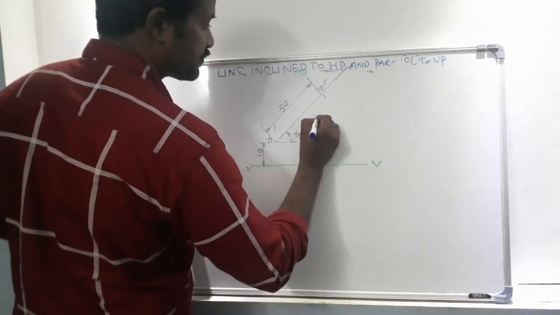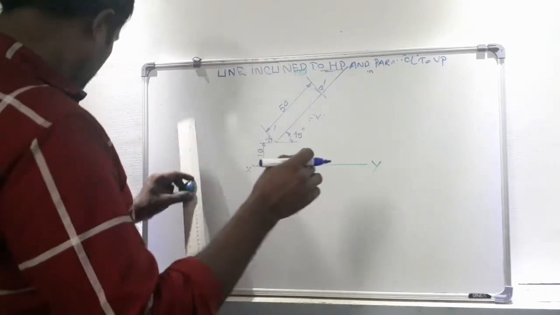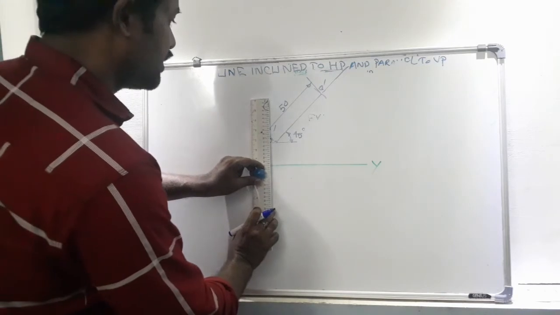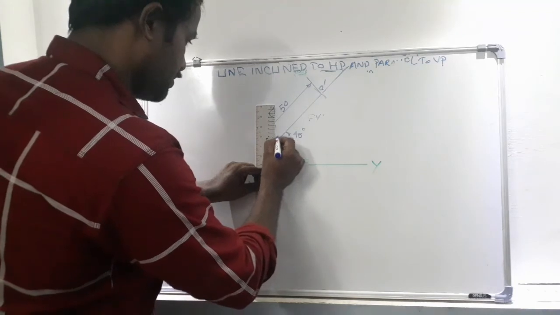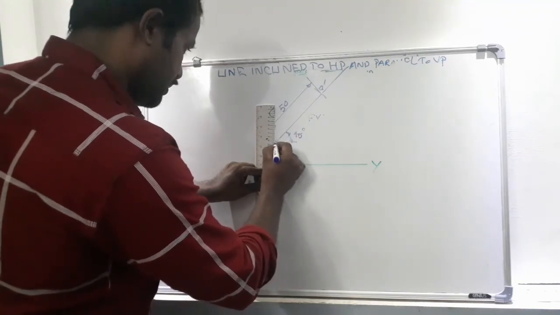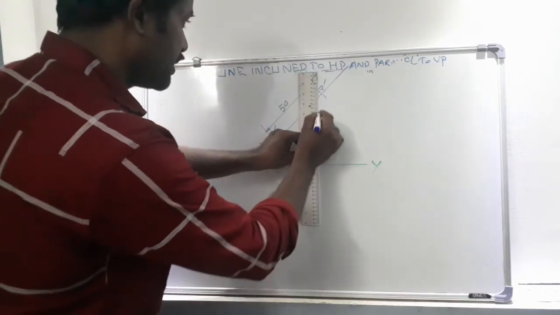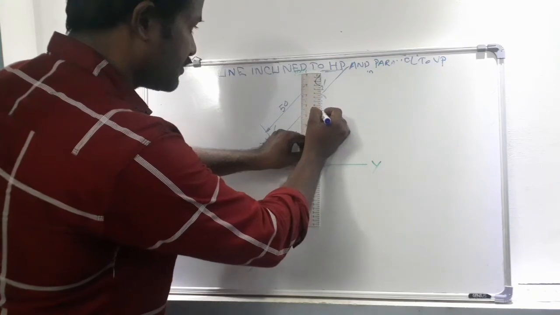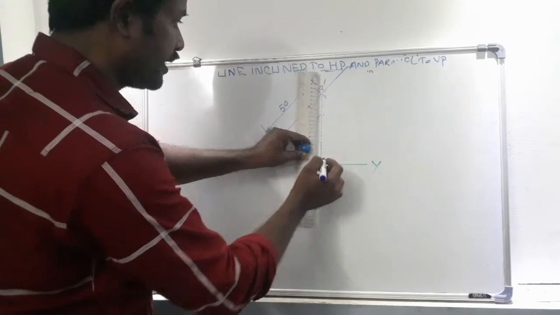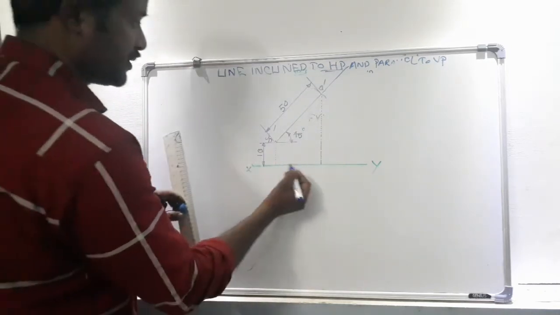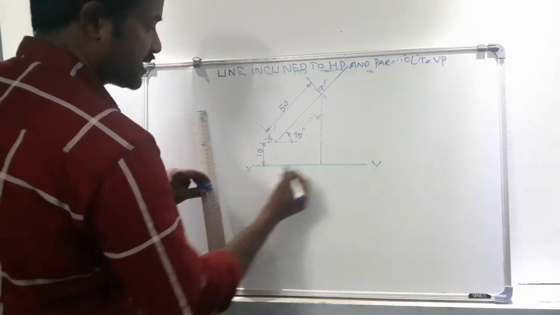This is the front view. Now we have to draw its plan. To draw its plan, we have to project each point. That means draw a vertical projector in the downward direction from the points A dash and B dash. That vertical projector touches the XY line, the reference line.